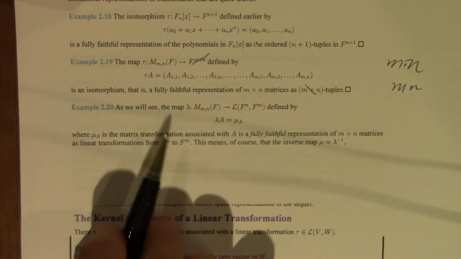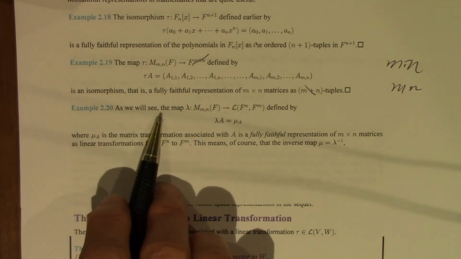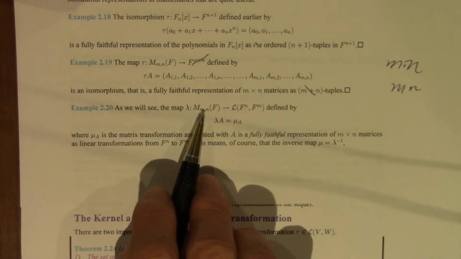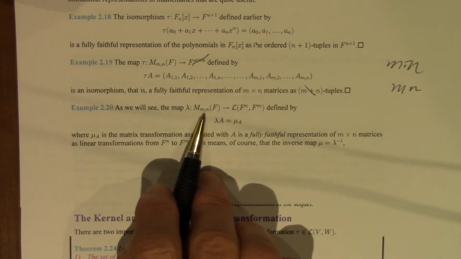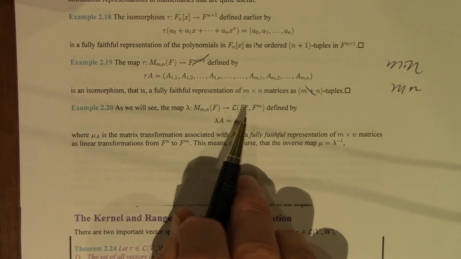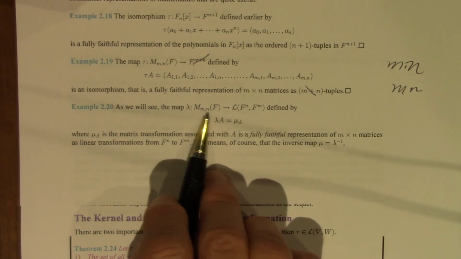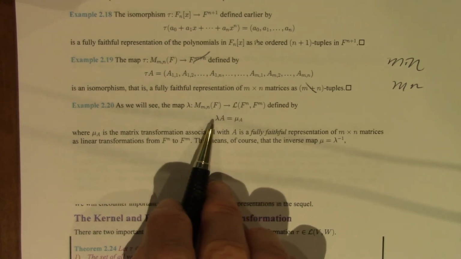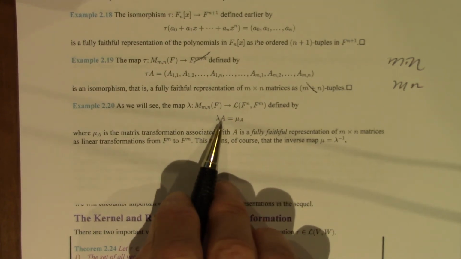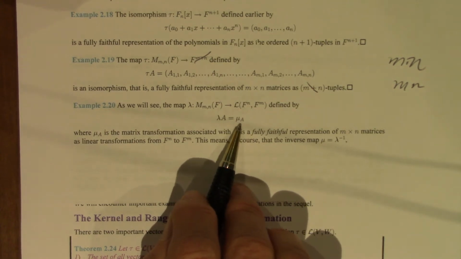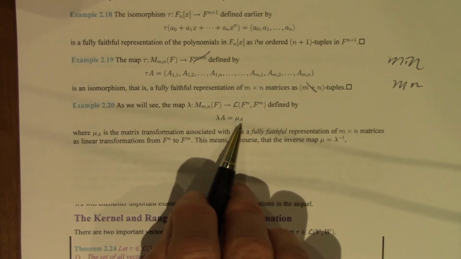We will see later on that the map lambda that sends matrices of size m by n to linear maps from F^n to F^m, again note the reversal, defined by lambda of a matrix A is multiplication by A. This is a linear map.